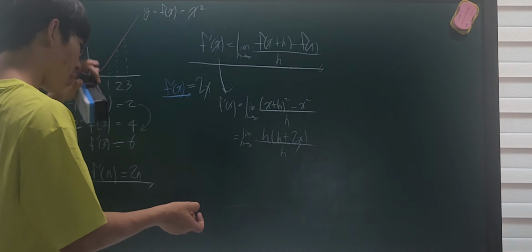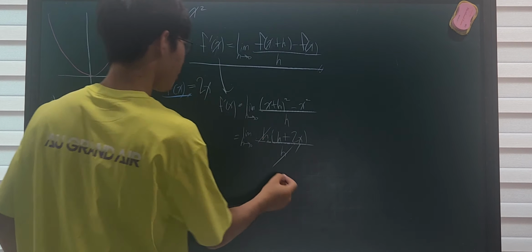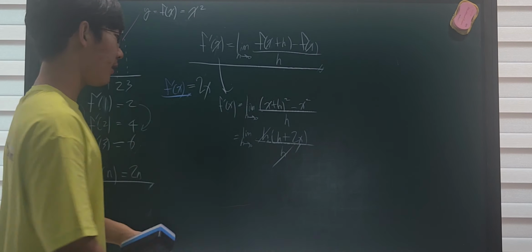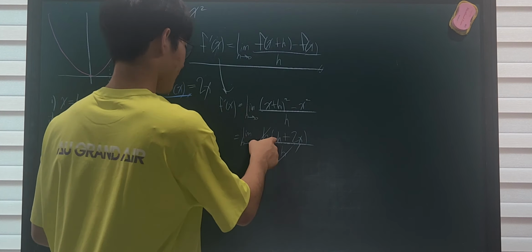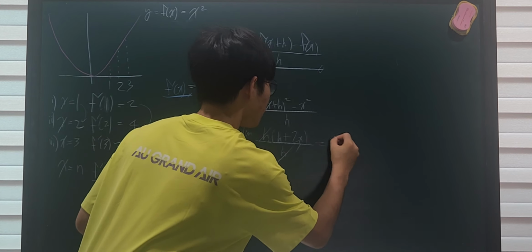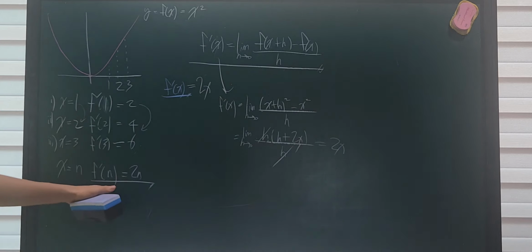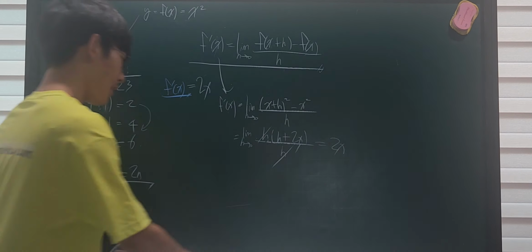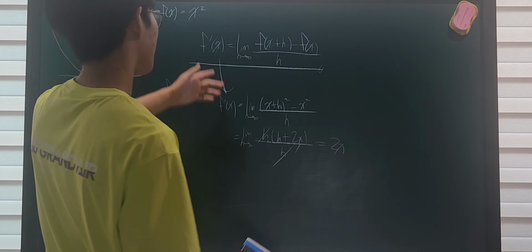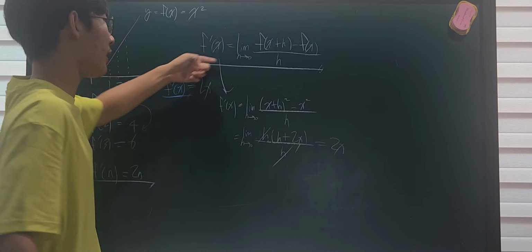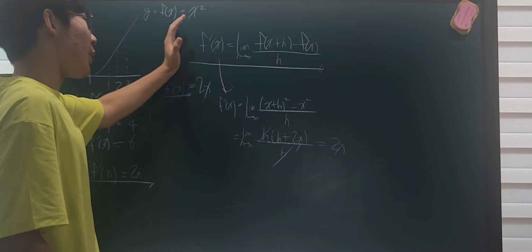And then the zero-contributing factor on both the denominator and numerator has been eliminated, so as h approaches 0, if I plug in 0 to h, it's just going to be equal to 2x. f prime x equals 2x, which corresponds exactly to our predicted pattern, showing the validity of this equation that we used to find the derivative function.